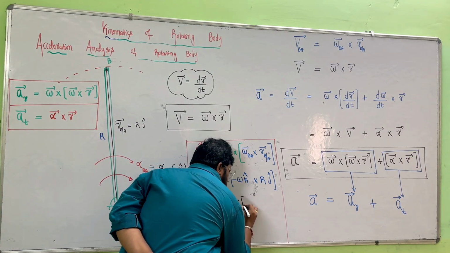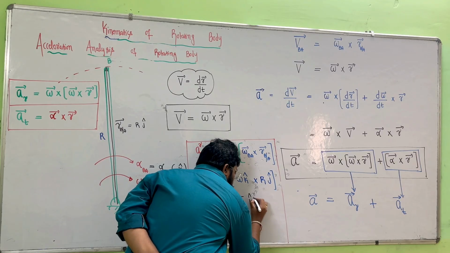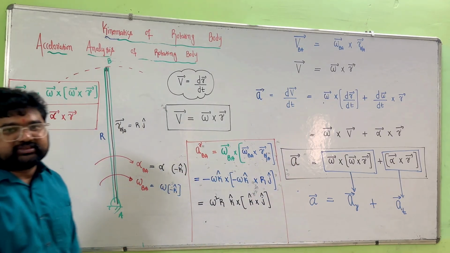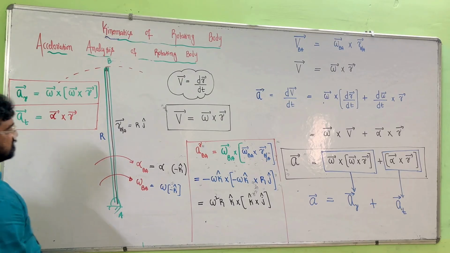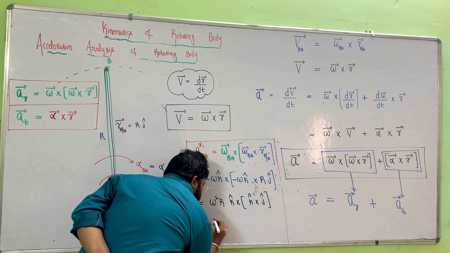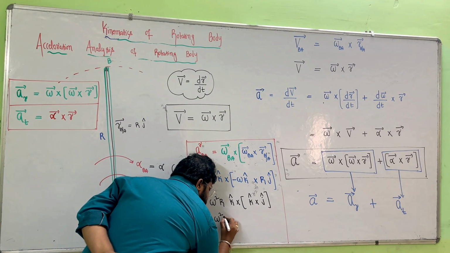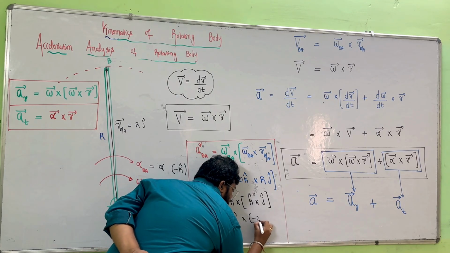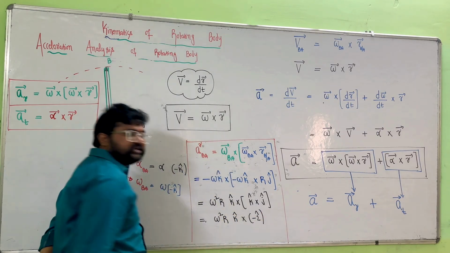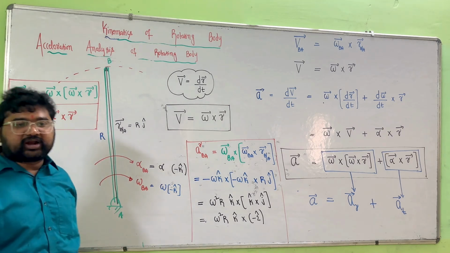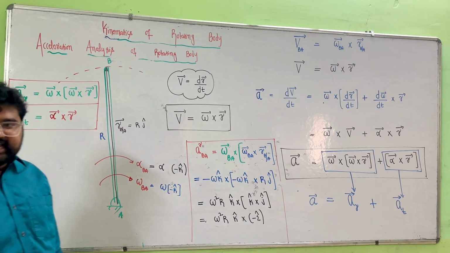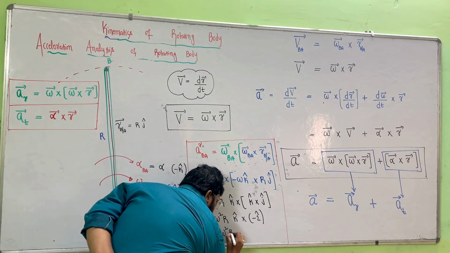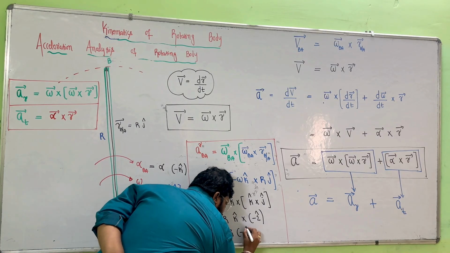K cap crossed with J cap is minus I cap, and K cap crossed with I cap is J cap. So omega square R into minus J cap.